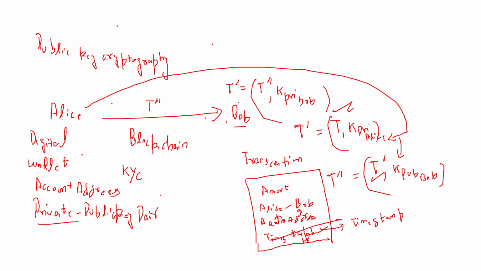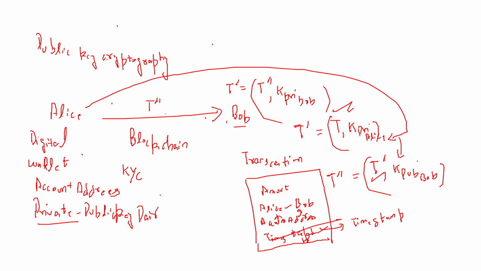Now why is this happening? Because T dash is encrypted by the public key of Bob.